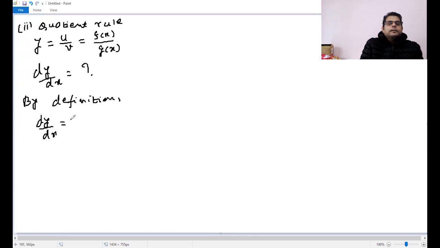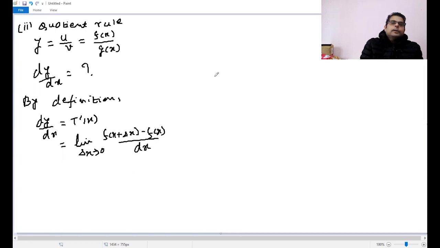Otherwise, if the function is represented in terms of t(x), you can say that t dash x. Okay, no problem for this. So in general, our formula by definition is the limit delta x tends to 0 of f(x plus delta x) minus f(x), divided by delta x, where delta x and delta y are the increments in x and y respectively. Is that okay?